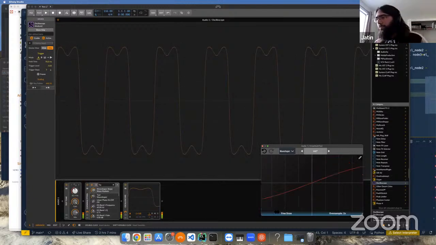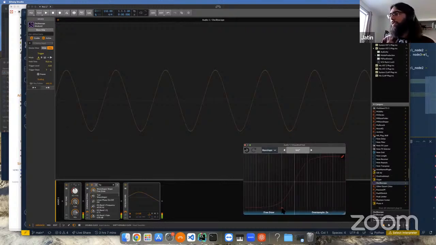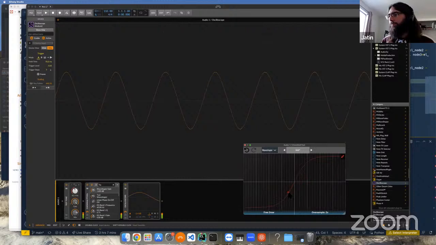But the thing I was working on, which I'm pretty excited about, is this free draw mode. So you can go into draw mode, and when you're in this mode, you can control the gain as usual. But you can also actually draw in your own wave shape and do whatever you want with that. And so that's pretty fun.